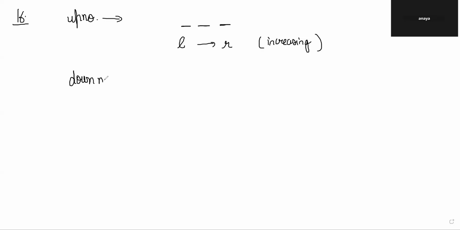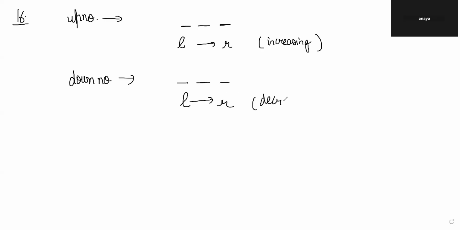Okay, so what is my up number? A positive integer of two or more digits, where the digits are strictly increasing, moving from left to right. And a down number has decreasing digits from left to right.